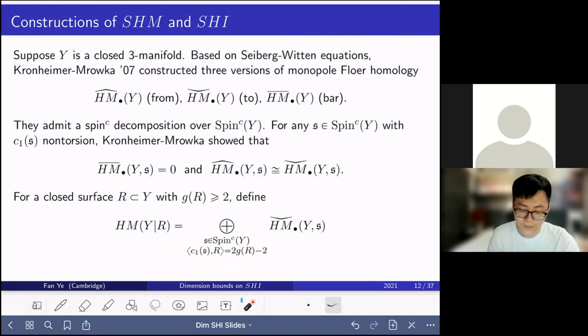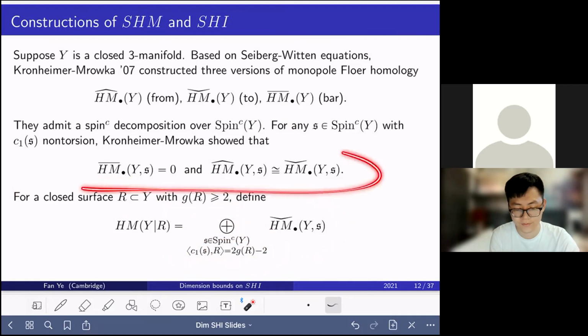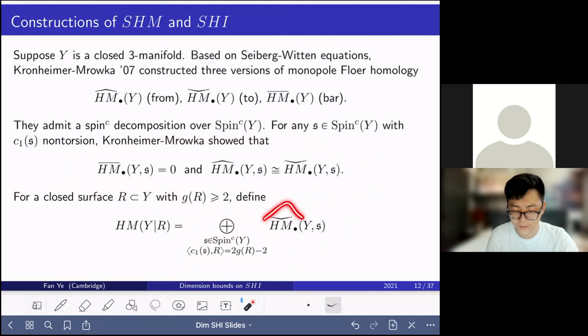Note that because the genus of R is larger than 2, those spin^c structures are always non-torsion, so we can apply these facts. Finally, we can also take HM from here, so they define the same thing.